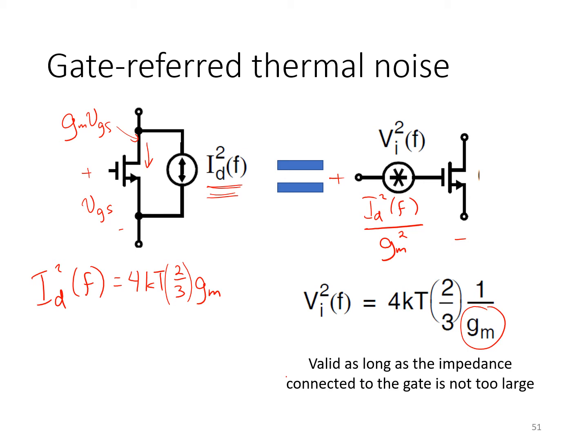Second caveat here is that this equivalence is not really strict. Because, for example, in an extreme case such as the one pictured here, if the gate is left open circuited, then you can have whatever noise voltage you want arising in this fictitious source.